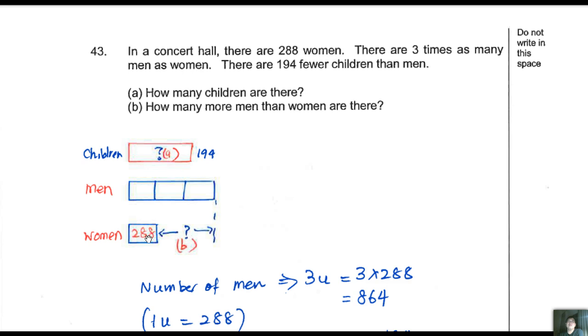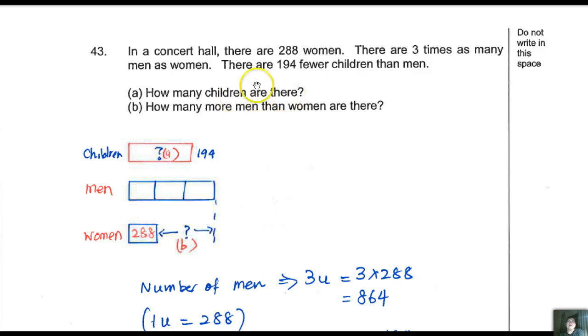Now for men, how to find men? Men is, see, 1u, 2u, 3u. It means 288 plus 288 plus 288. I got a total for men here because I know the number for women here. Now, what are the questions? The question is, how many children are there?